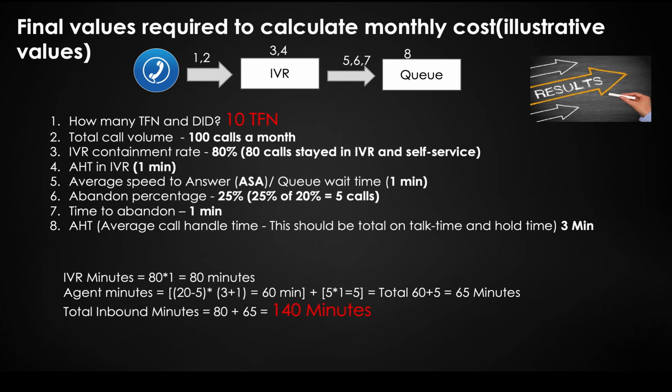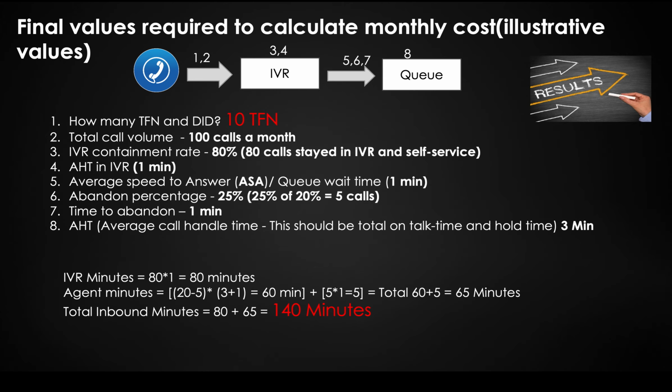The third thing you need is the total inbound minutes. Now, the total inbound minutes is again addition of the IVR minutes plus the queue minutes, and it comes to 140 minutes, right?